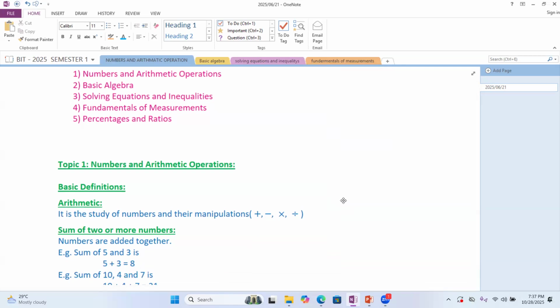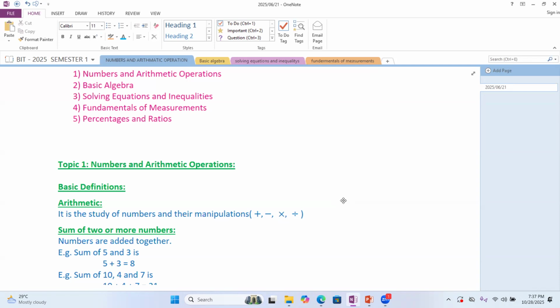There are 2 numbers, 5 and 3, so we add 2 numbers. The plus means addition. The mathematical operation is addition here. 5 plus 3 is equal to 8.